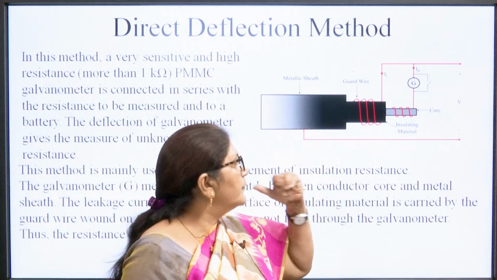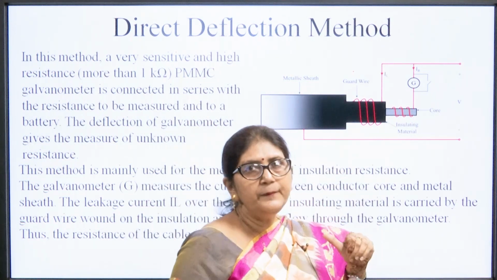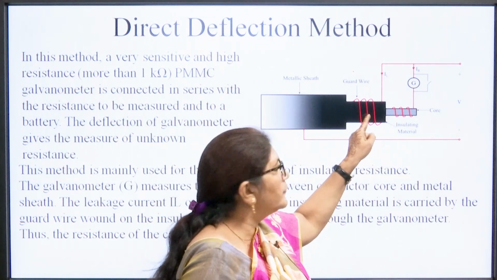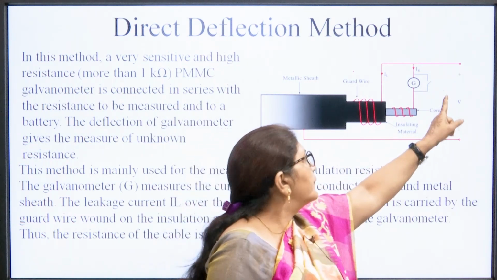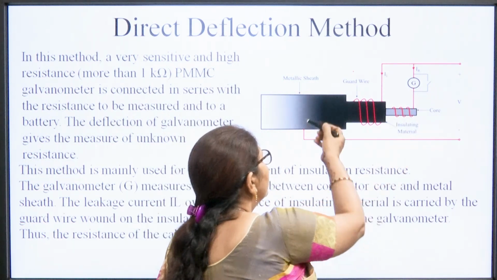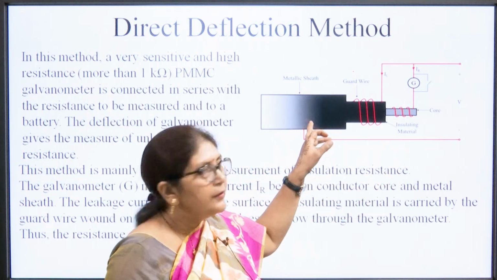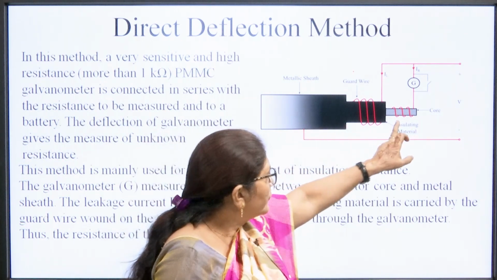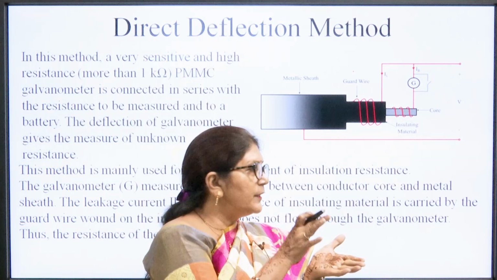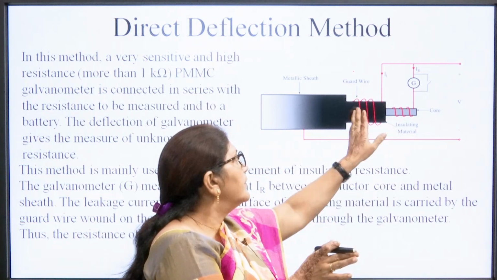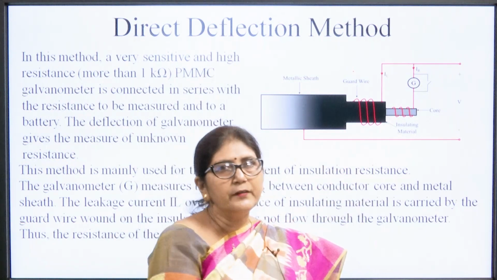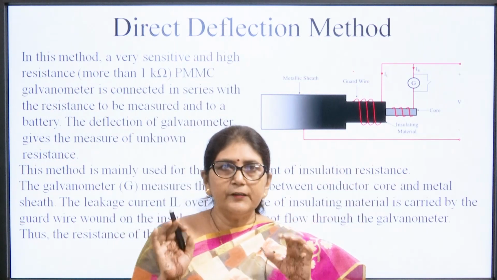So, we will have a galvanometer, and the positive terminal is connected with the core, and the negative terminal is connected with the metal sheet. So, between this core and the metal sheet, we can find out the resistance between these two, that is the resistance of the insulating material. So, this gives the direct deflection.